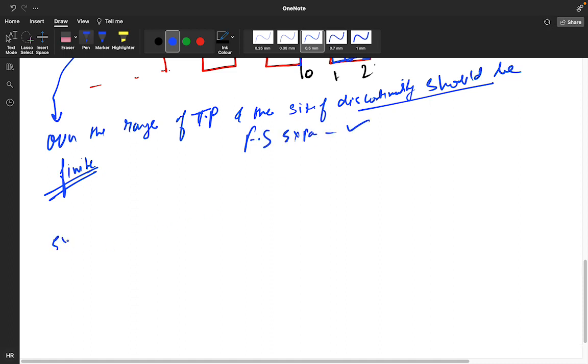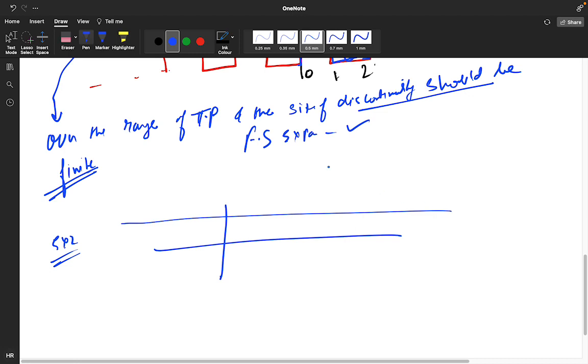Example 2, that was the first example. Now you have a signal like this: it goes like this, then again the signal starts from here and goes like this, and again starts from here.